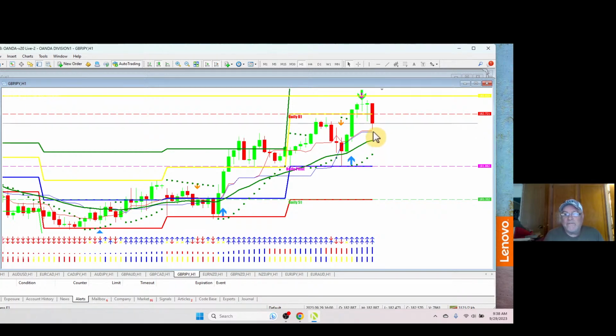Almost. Two more ticks lower and it would have got the 40, if I hadn't moved my stop loss. And I normally wouldn't Monday through Thursday, but on Friday, because I just know how it trades, you've got to take quicker profits.